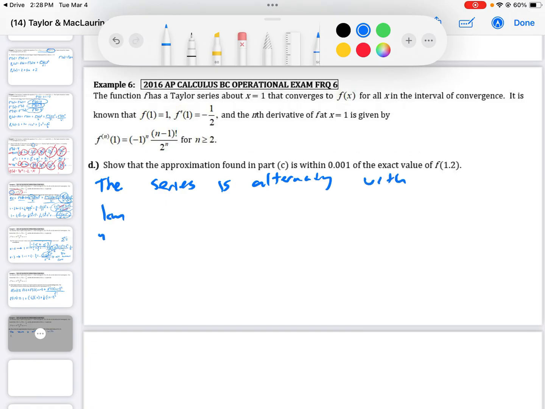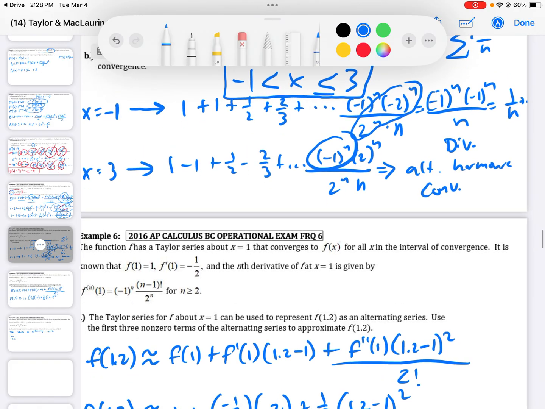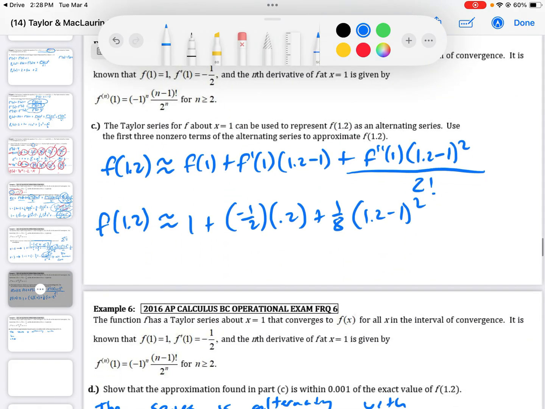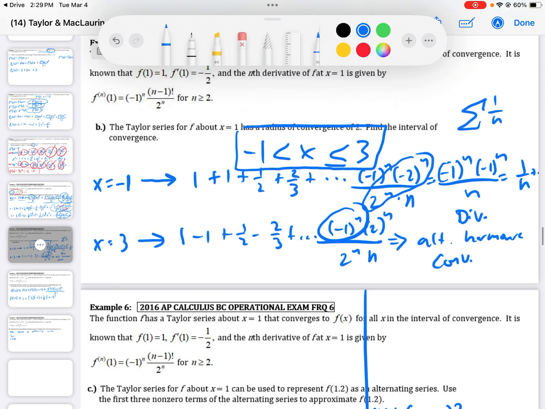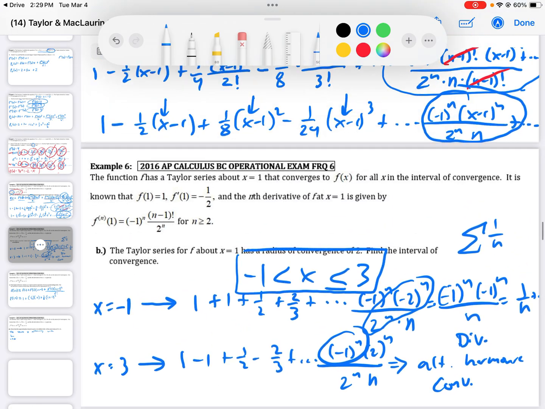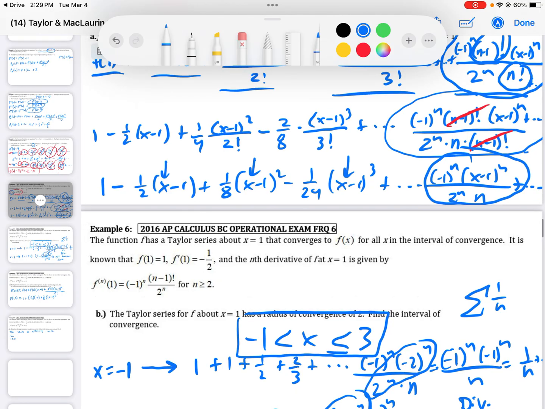With the limit as n goes to infinity of the non-alternating part. I guess we can look at it like this part up here.